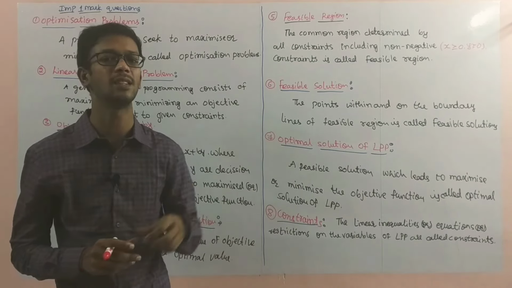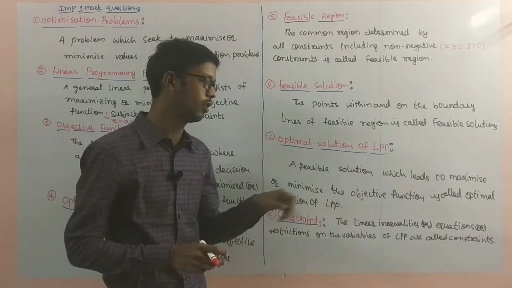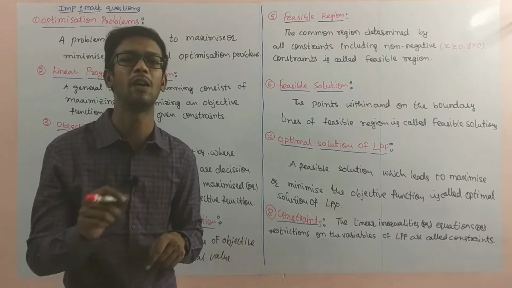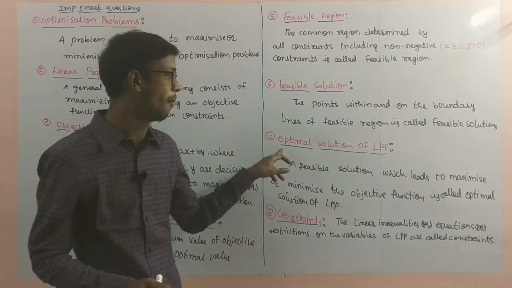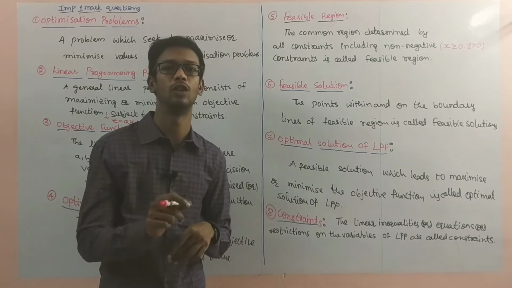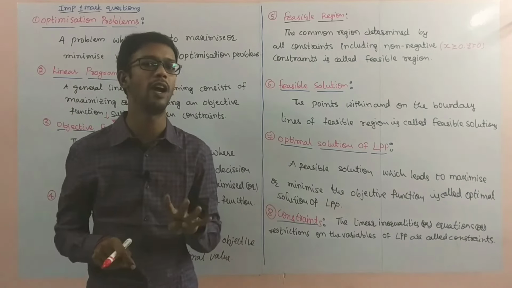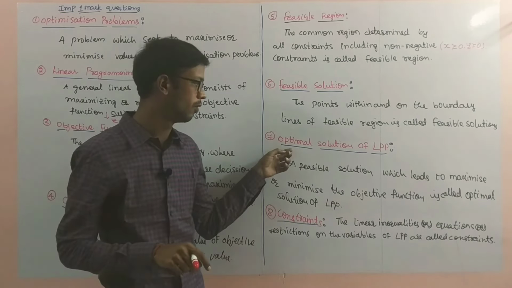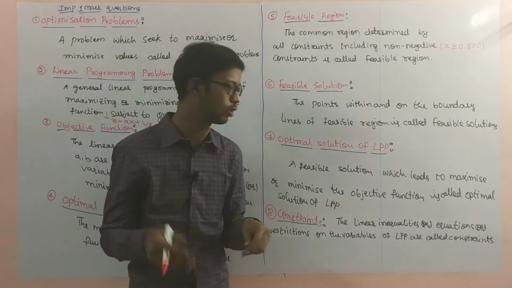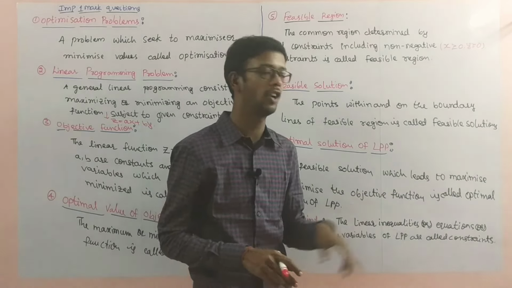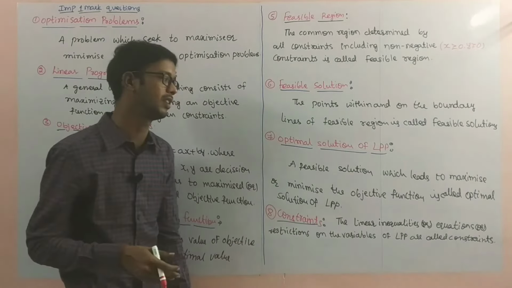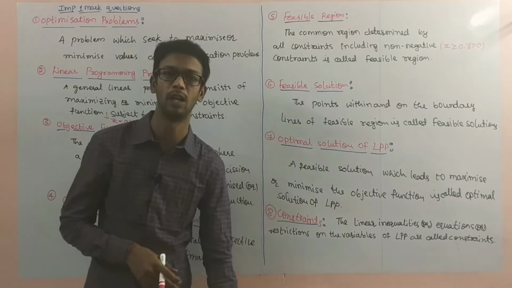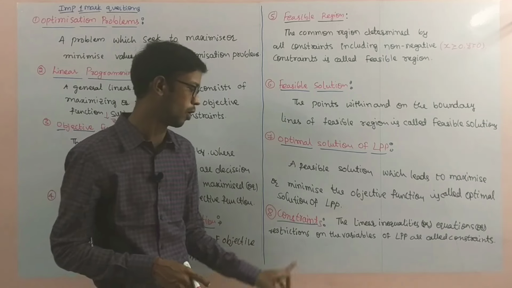In the previous problem, 10, 50 is the optimal solution. Why? Because all 4 points are feasible solutions, but an optimal solution means a feasible solution which leads to maximizing or minimizing the objective function of the LPP, the linear programming problem.